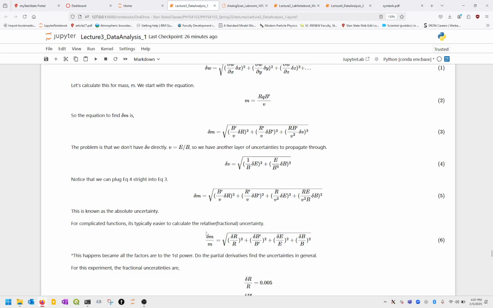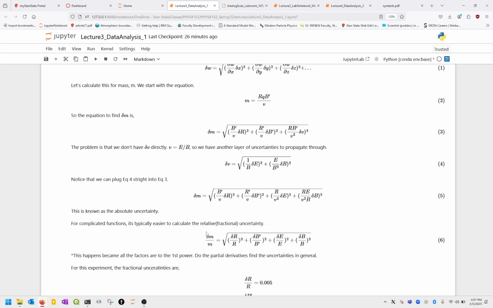So in order to figure out the uncertainty on V, which is this thing, we have to figure out the uncertainty in E and B by taking the partial derivative of this stuff again. The partial derivative of V with respect to E, you knock down this power by 1, you get 1 over B. You take the partial derivative of the velocity with respect to B, you decrease the power of B by 1, so it goes from -1 to -2, so you get 2 powers down here, and the E stays up there, right?